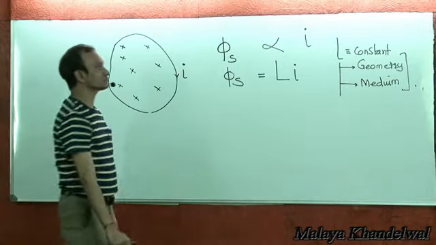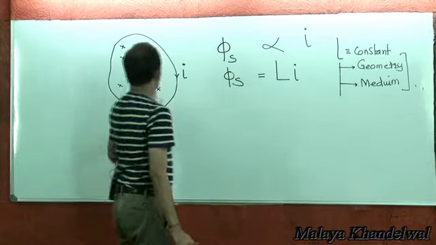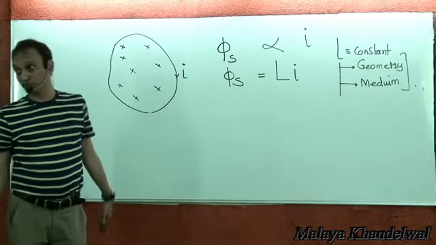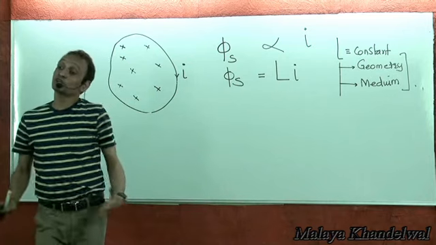So this is a property of the loop. It's an electrical property.